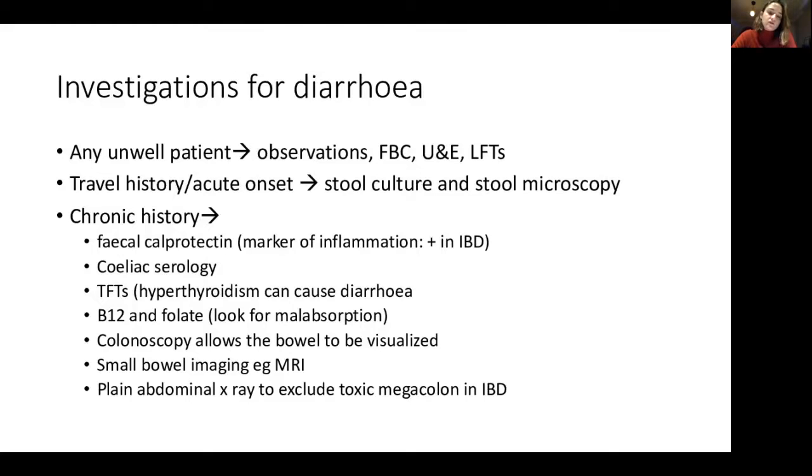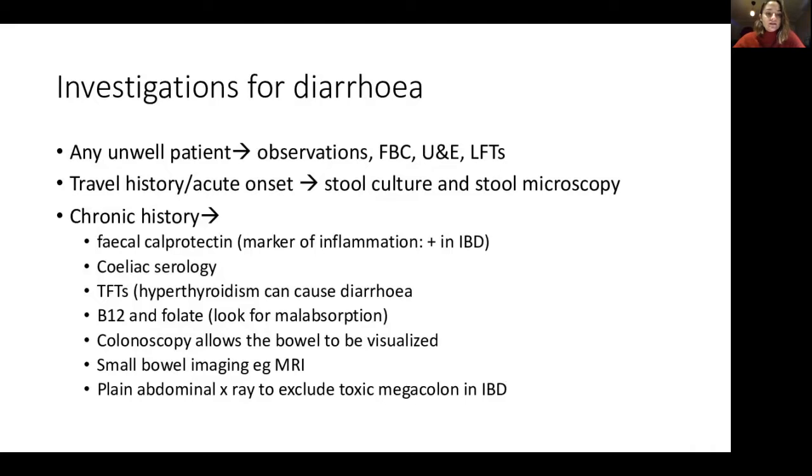You can look for ova and parasites, you can do a C. diff culture from the stool, you can do a PCR for viruses, all sorts of things you can look for in the stool.